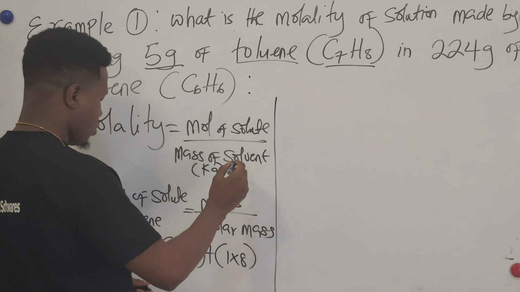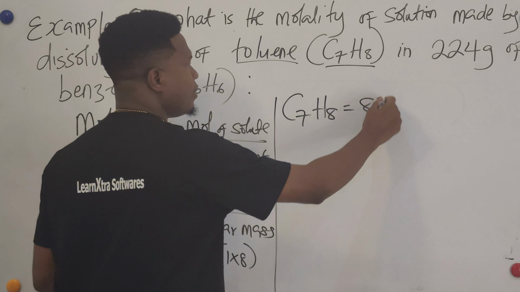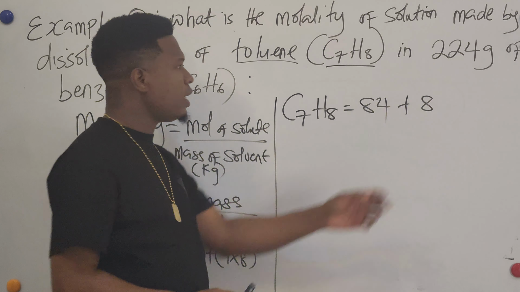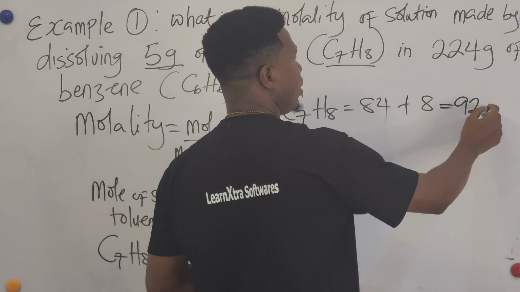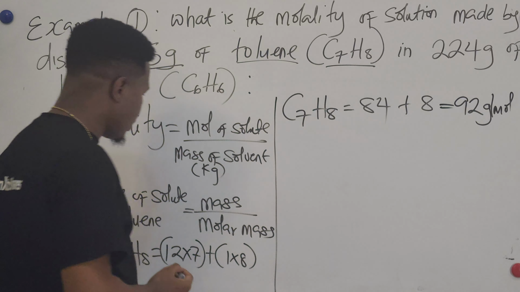So C7H8 will be equal to 84 plus 8, which is 92. So this is the molar mass, right? In gram per mole.